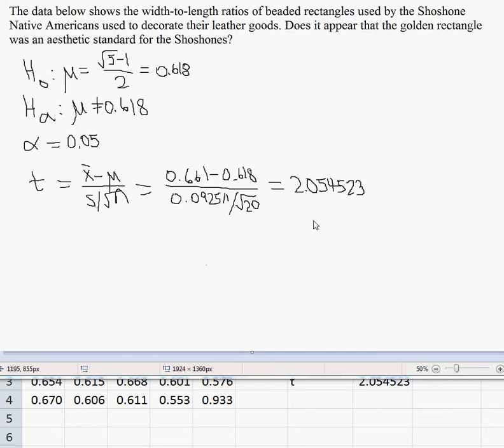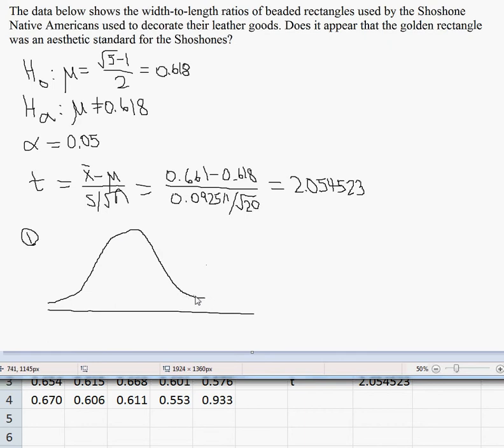Now, once again, we need to figure out whether to retain or reject the null hypothesis. To do that, there are two ways to do it. First way is by looking at the p-value. In this case, the test statistic is at 2.054523.